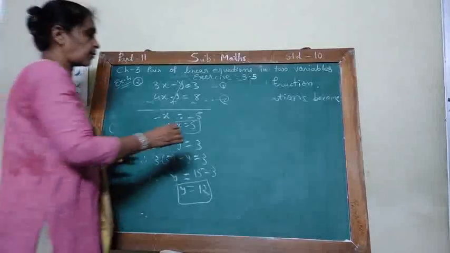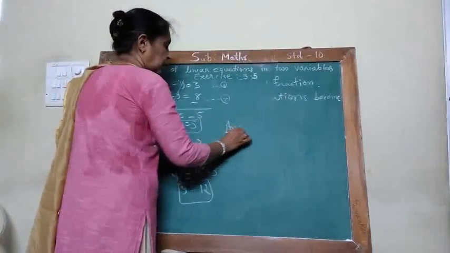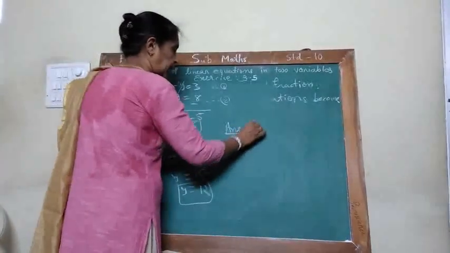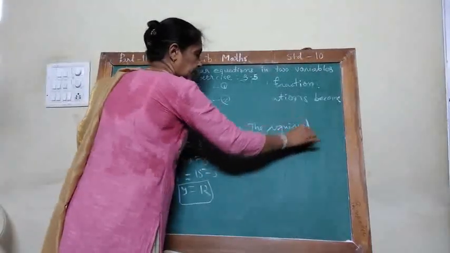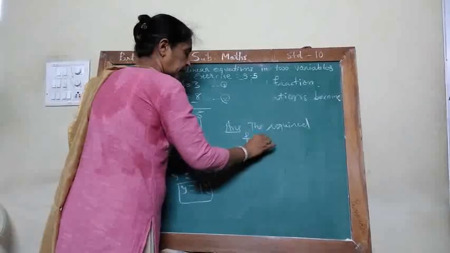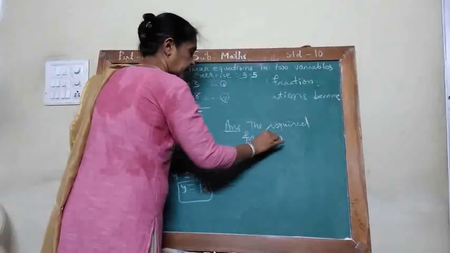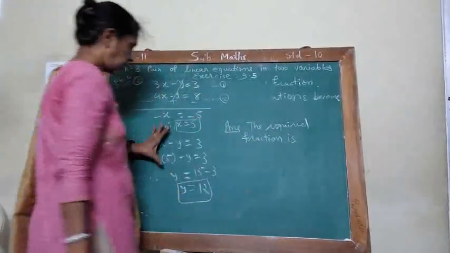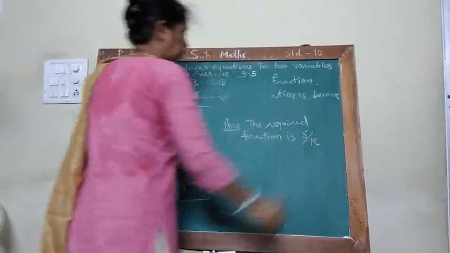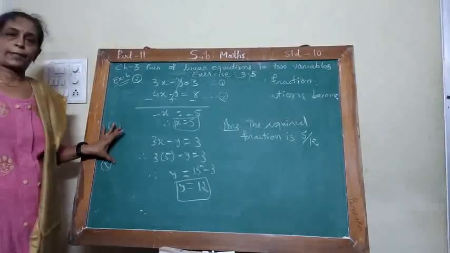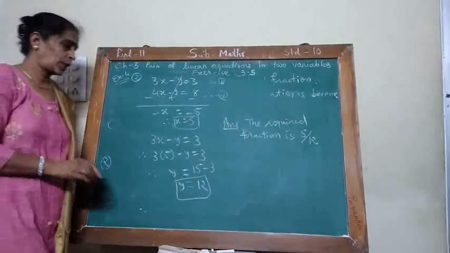So the answer is what? The required fraction is x upon y, that is 5 upon 12. This is the required fraction. This is the answer. Okay.